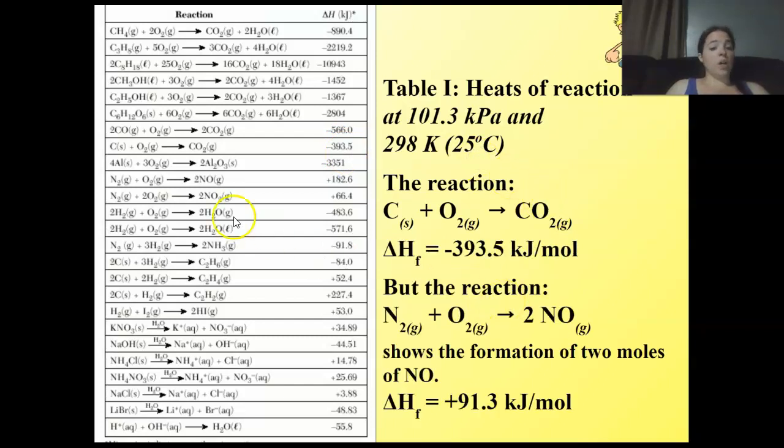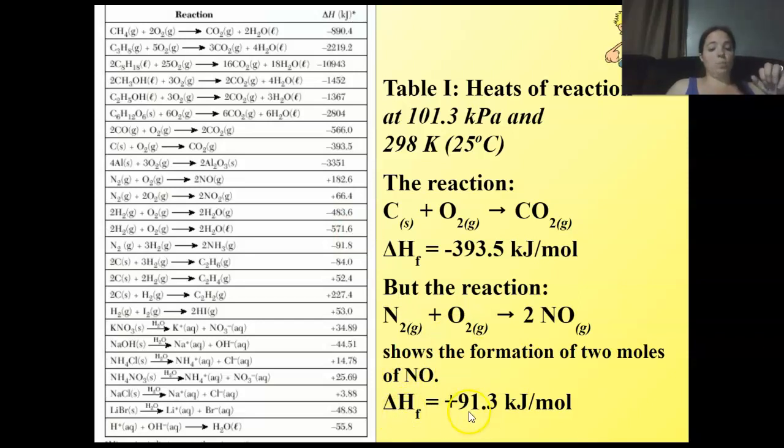But the net reaction of N2 plus O2 gas goes to 2 NO2, it forms 2 moles. Shows the formation of 2 moles of NO2.